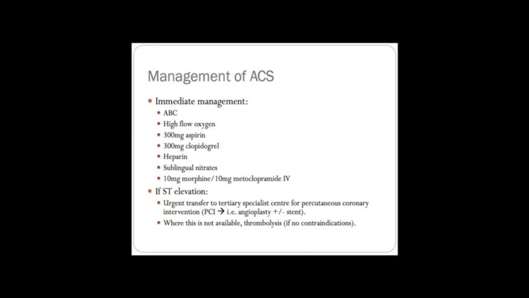Now, morphine has several effects. First of all, obviously, as an analgesic to reduce the pain. And it also has an effect on the circulation, again, a vasodilation of the blood vessels to help improve the blood supply.